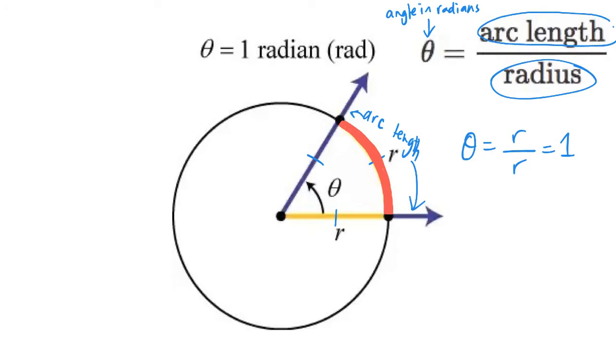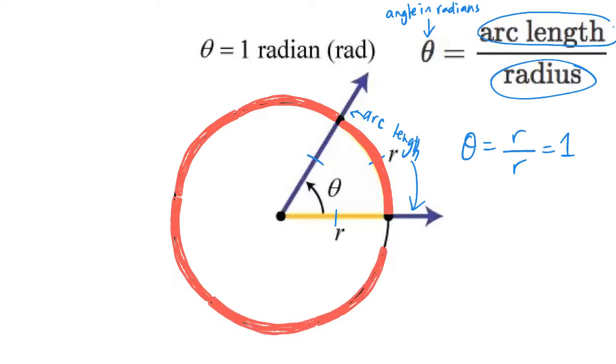Okay, so the next question that we're wondering about is how many radians fit in a full circle. So what I've done is I've colored the length of 1 radius, that arc length that's there, in red, and then I'm going to fit as many as I can around the circle and see how many we get. So there's 2, and there's 3, and 4, 5, and 6.